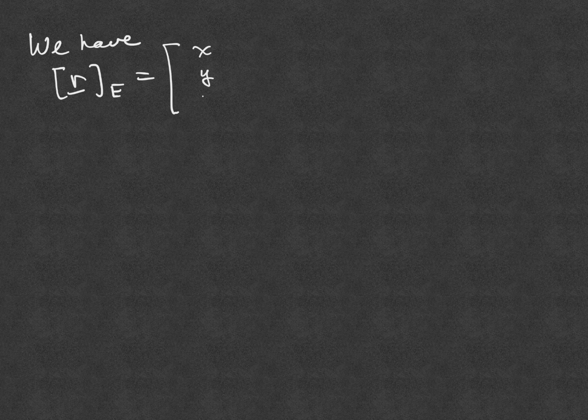So we have that R expressed in E is equal to X, Y, and Z. And then VE expressed in E is equal to Vx, Vy, Vz.